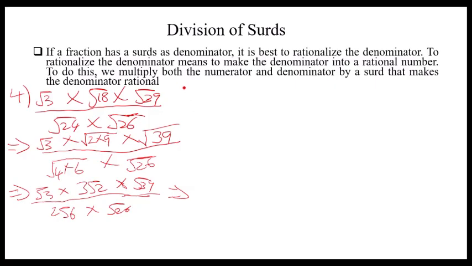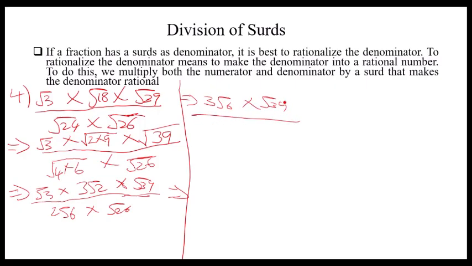So let's take this. You can see 3 times 3 with 2 will give us 3 with 6, times with 39.